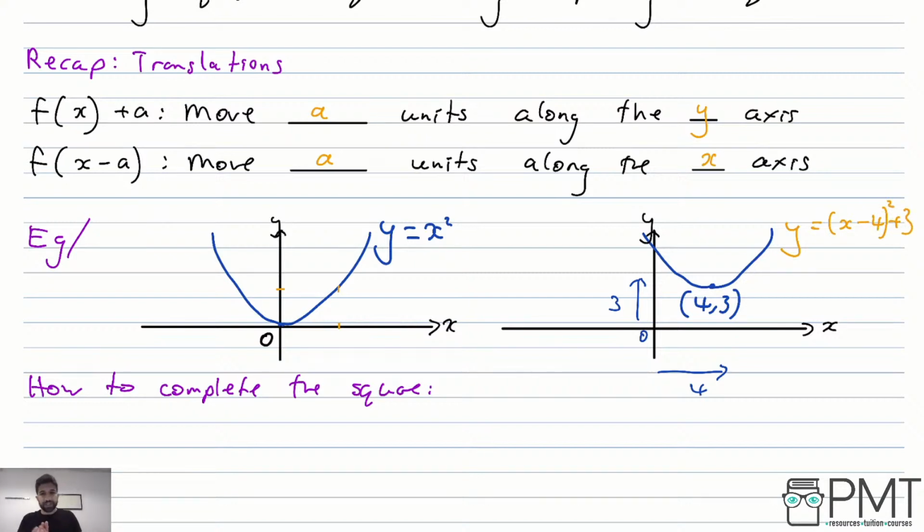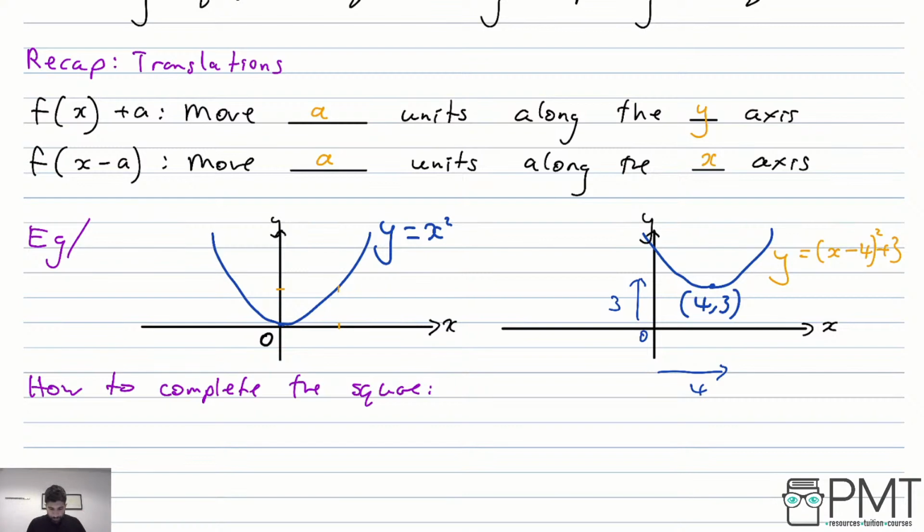So this is a translation. We have moved it 4 units to the right and 3 units upwards. So this will be useful in a sec when we want to find minimum and maximum points or turning points of a quadratic.